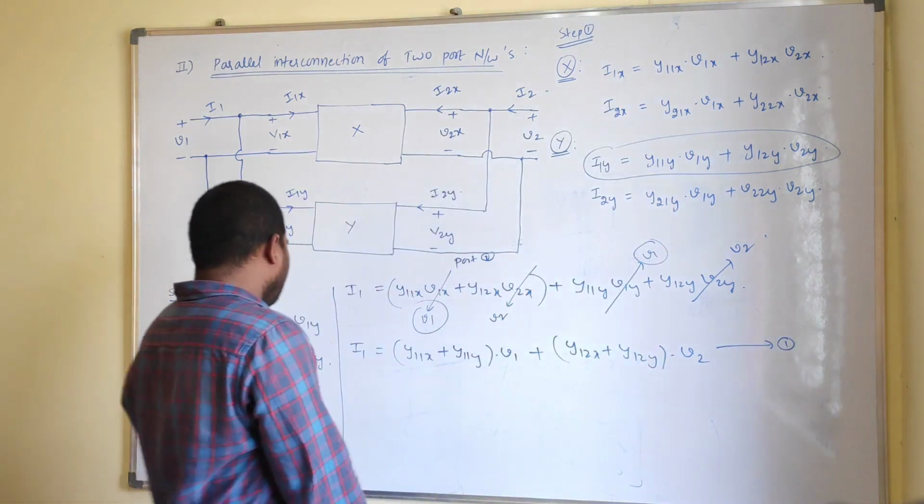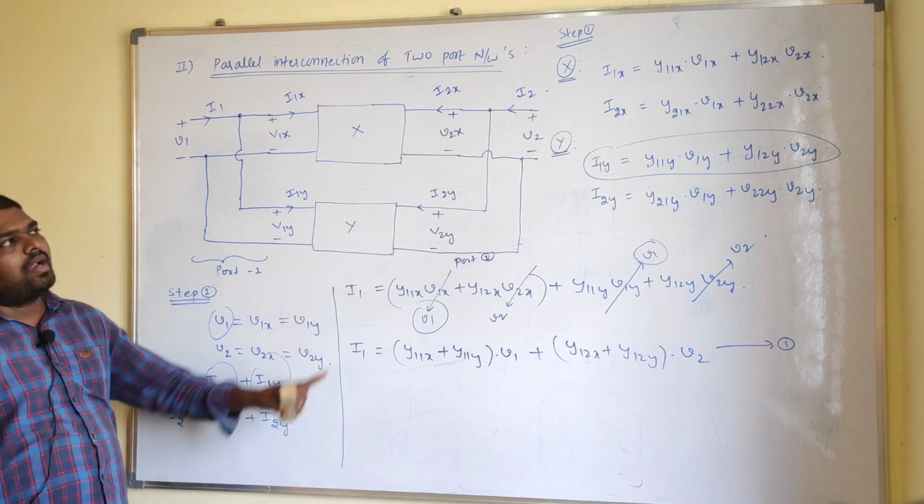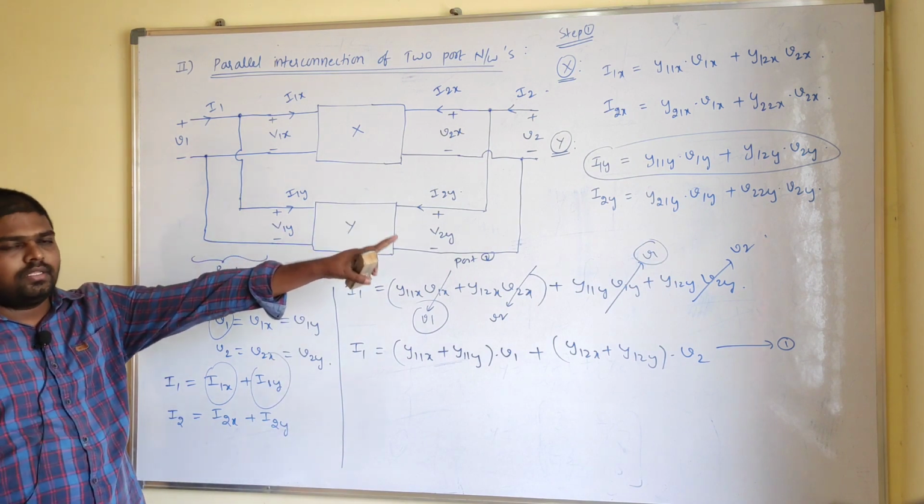Next, let's focus on I2. I2 equals I2x plus I2y. We already have the values of I2x and I2y, so just substitute here.